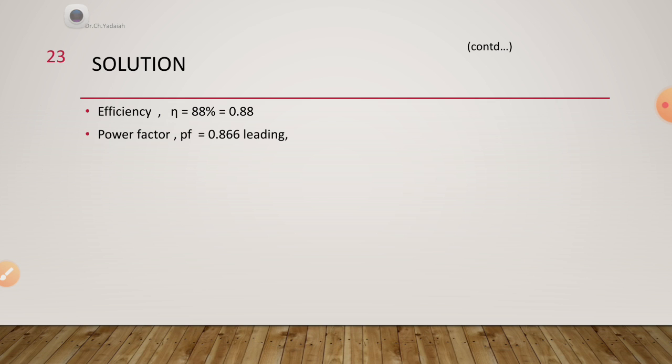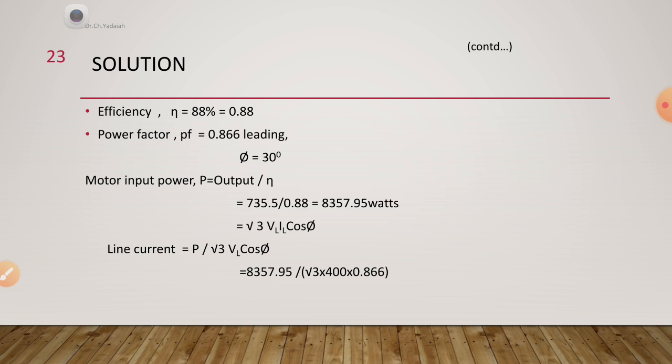Now the power factor is given as 0.866 lead. Then phi is cos inverse of 0.866, which is 30 degrees. Now motor input power is output by efficiency. Substituting the values, we get this value.